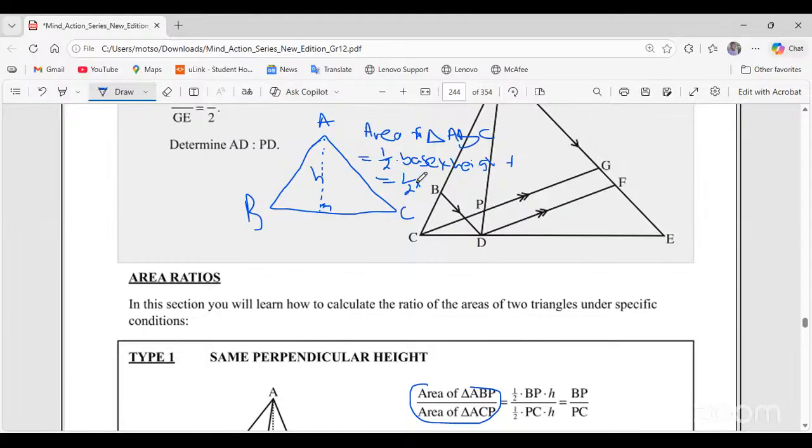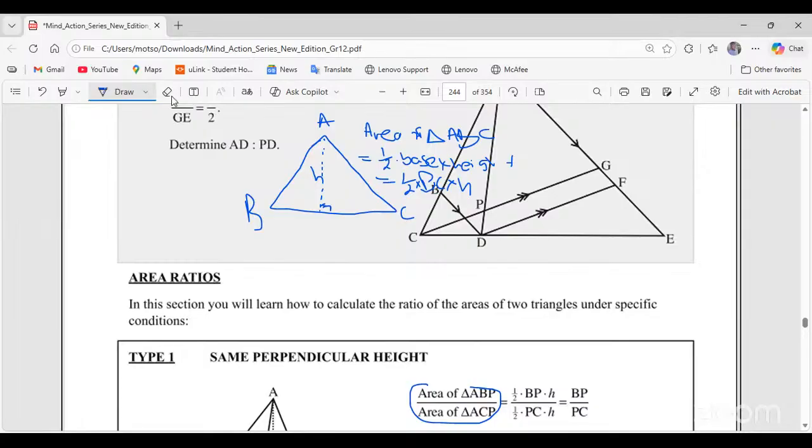It is BC. So I have BC times the height of this triangle, which is H. So if you are given a triangle with a height that is perpendicular to the base of this triangle, then you can simply go for this formula: half times base times height.